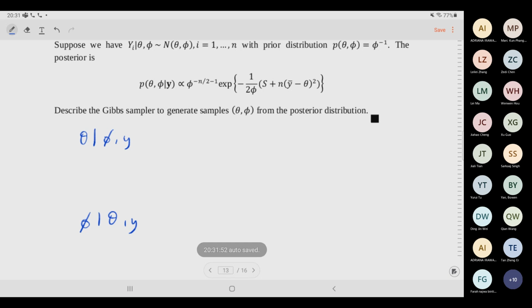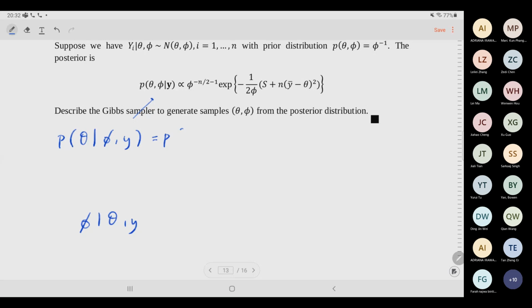Okay, so if you look at the conditional distribution of theta given phi and y, if you use the posterior from here, by definition this is your joint posterior divided by the marginal posterior of phi.